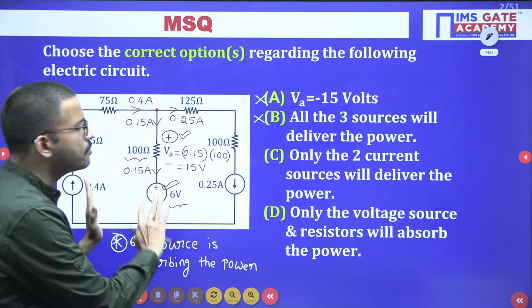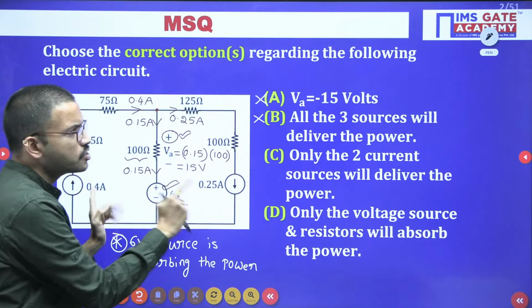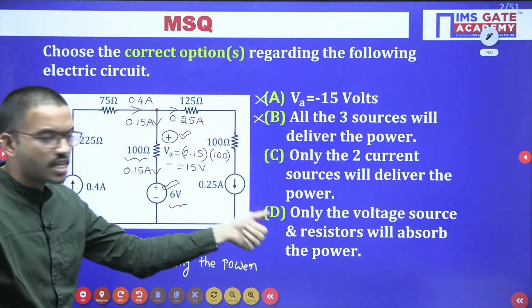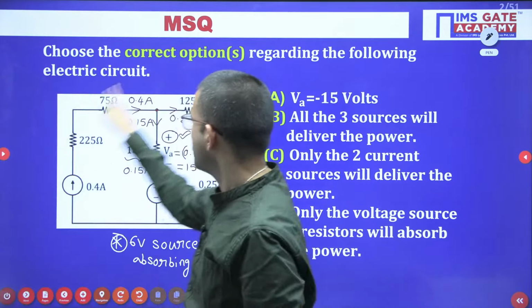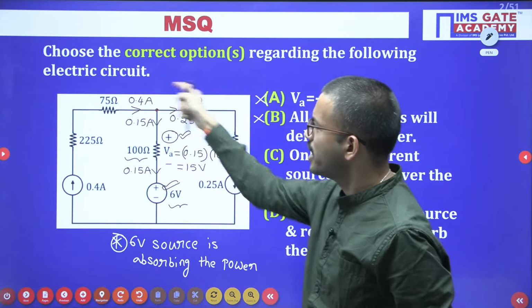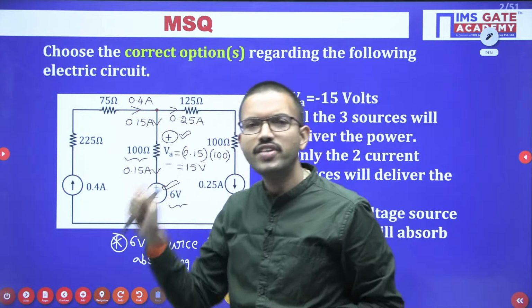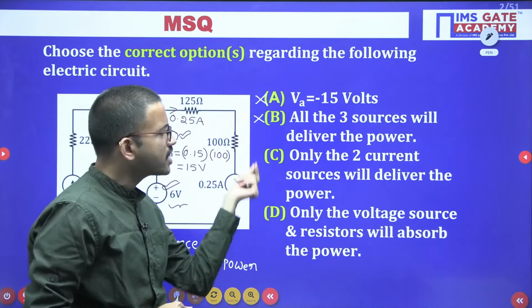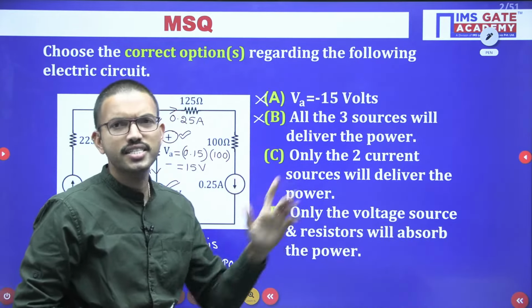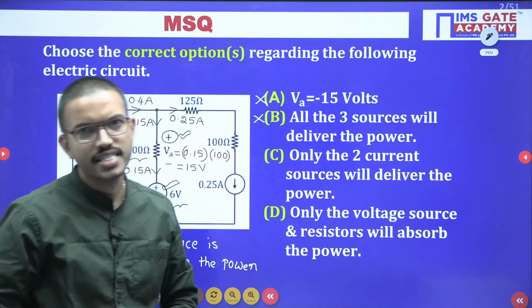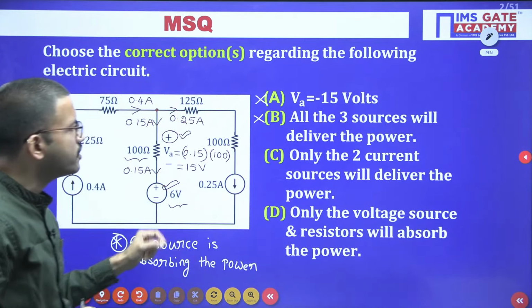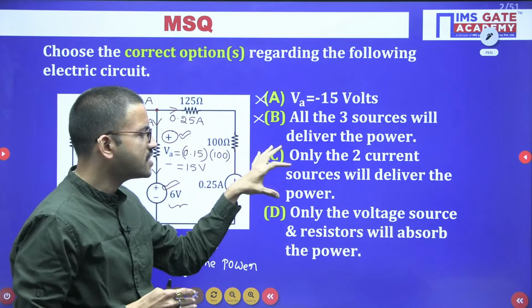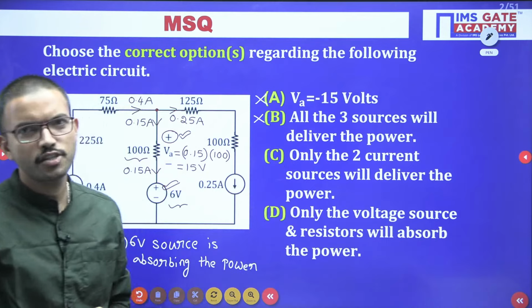Suppose you find that these 2 current sources are delivering the power, then as of now we have the 6 volt source absorbing the power, and in this circuit, other than these sources, all the remaining elements are resistors, right? Resistors always absorb the power. So if option C is correct, definitely you can choose option D as correct too. Let us verify whether both are correct or not. The moment option C is correct, you can directly say option D is also correct.